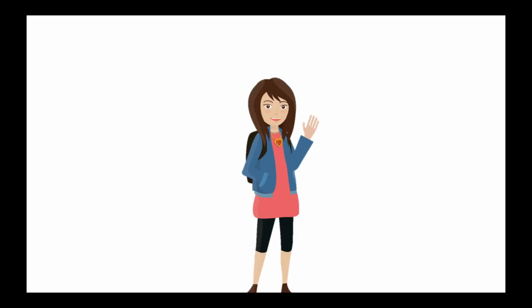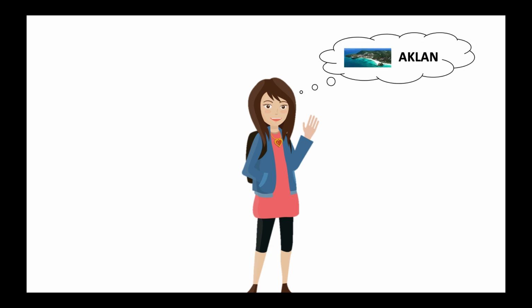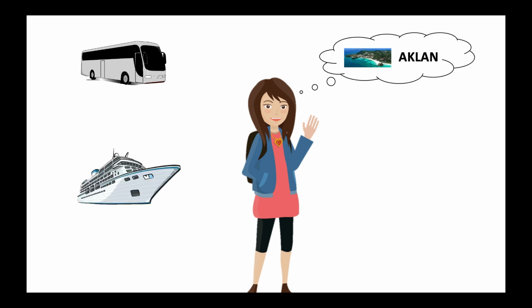So again, let's try to visualize. I don't want you to just read the problem. So, this is Leslie. She wants to go to Aklan, but maybe she's short of money, so she just wants to do it the cheapest way possible. So the cheapest way possible is to ride a bus and, after that, she will ride a ship going to Aklan.